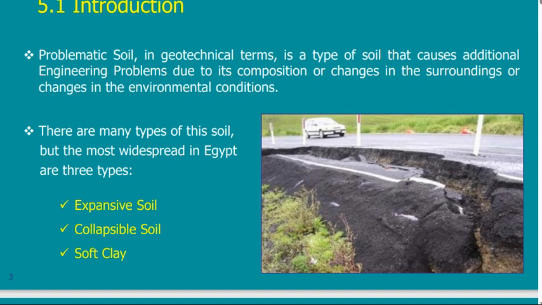All of these areas are new areas that were used in the previous maybe 2 or 3 decades, but before that they were not used. So in these areas you may have these types. What are these types? Expansive soil, collapsible soil, soft clay soil. These are the 3 most important in Egypt.